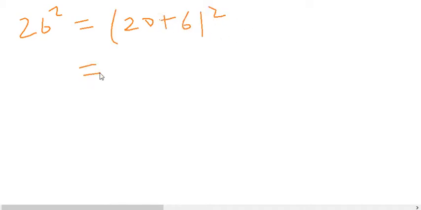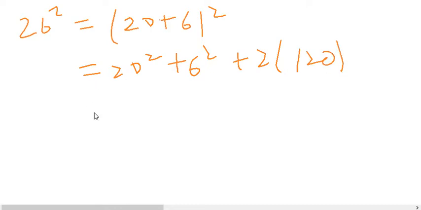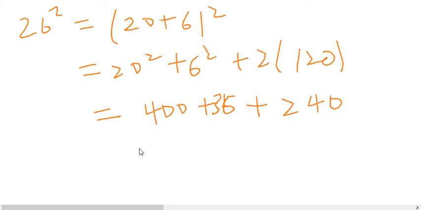square. Then again it is 20 square plus 6 square plus 2 into 20 into 6, that is 240, which is 400 plus 36. 6 square is 36, 2 square is 4, for 1 zero there will be 2 zeros, plus 240.